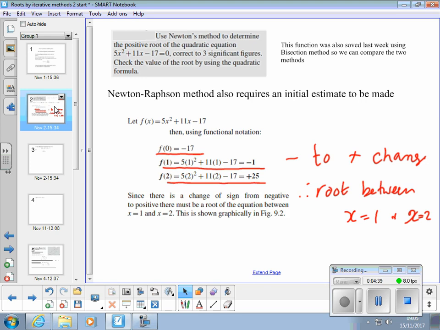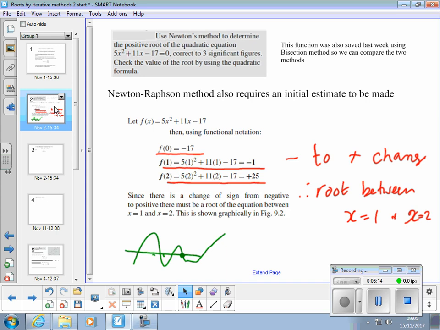You need to be careful about guessing. There's the x-axis. If you're looking for that root and you guess too far away from it, you could be over here, the other side of the root. Might not be.